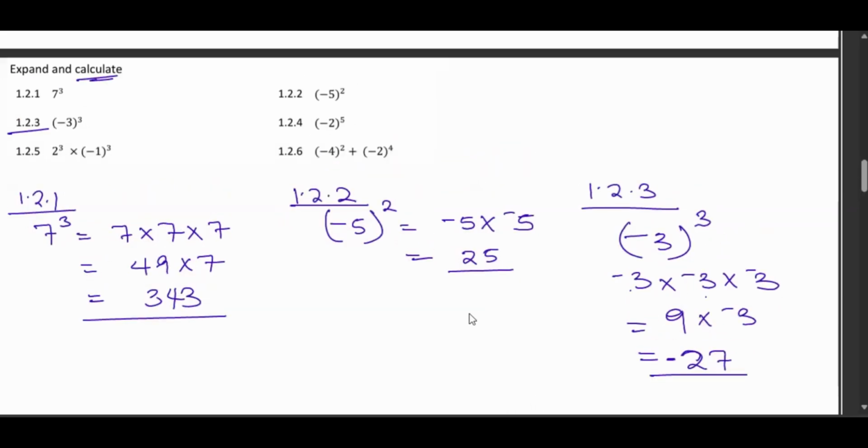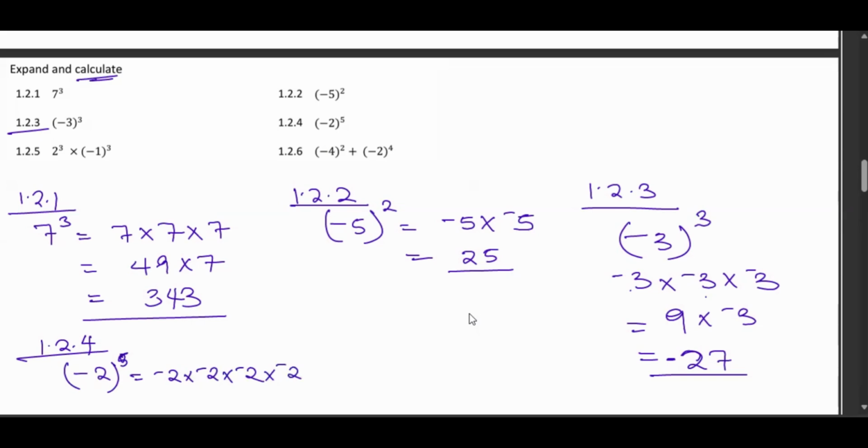Let's look at 1.2.4. Still, we have a negative number to the power an odd number, which is 5. Meaning, -2 is going to multiply itself 5 times.